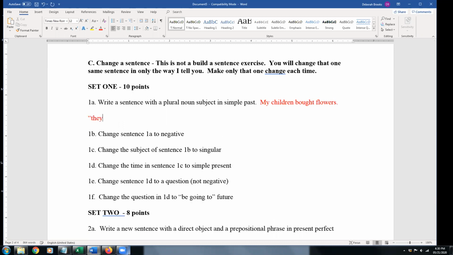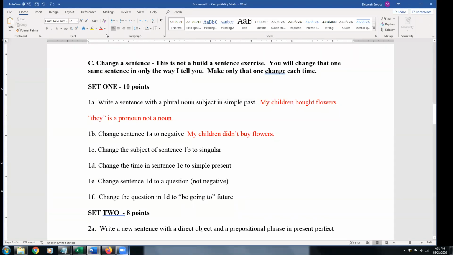Now, they is a pronoun, not a noun. So some of you used they or we. That's not a noun, that's a pronoun. You want a noun, plural noun, my children, simple past. Change that to negative. My children didn't buy flowers.